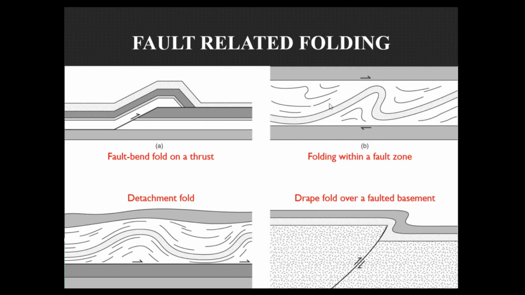We can have folding within a fault zone. So up top is a fault block moving to the right. At the bottom is a fault block moving to the left, and between them is an area of sedimentary rock that's softer and it's folding.